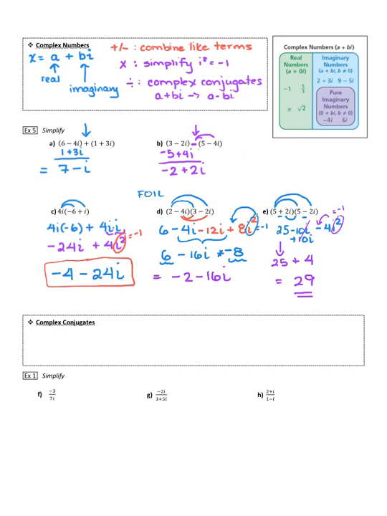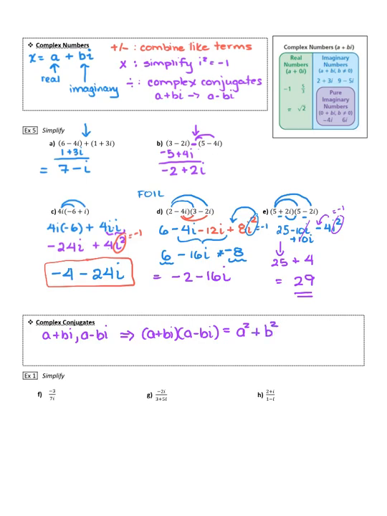So let's go ahead and formalize that concept. So a plus bi and a minus bi are called complex conjugates. And when you multiply them together, which is what we like, you end up with a squared plus b squared.